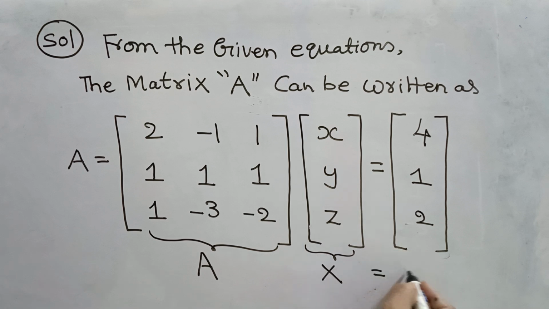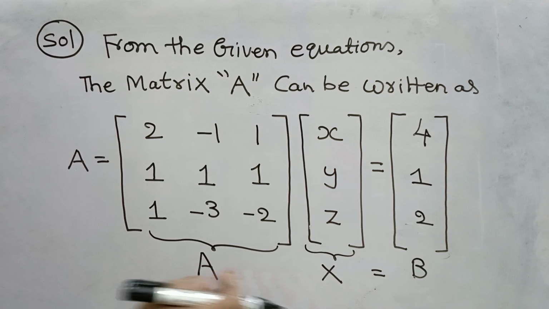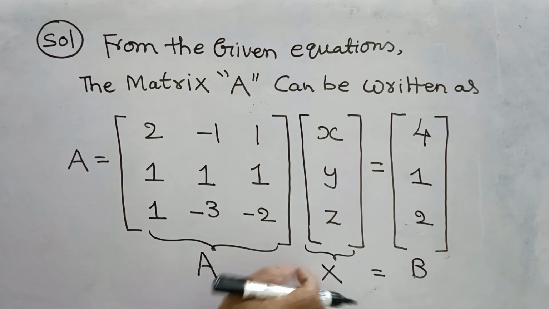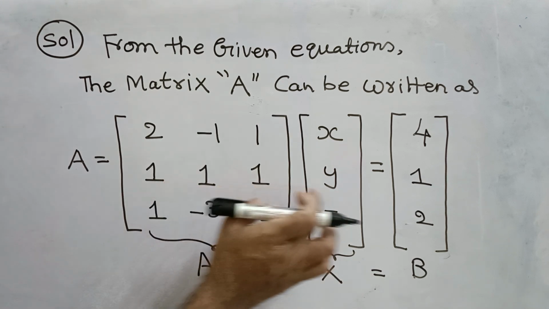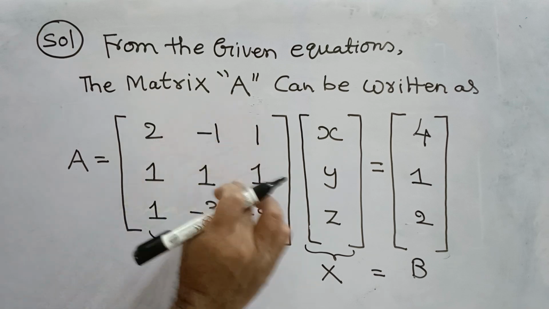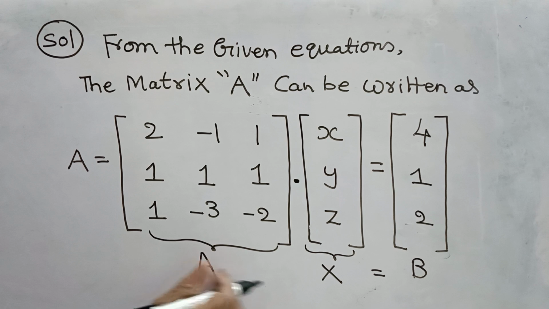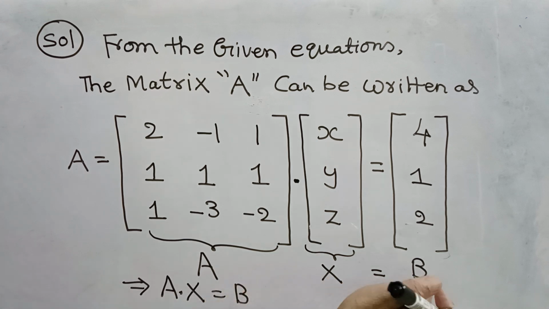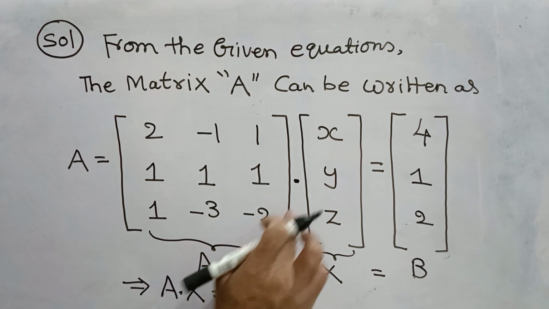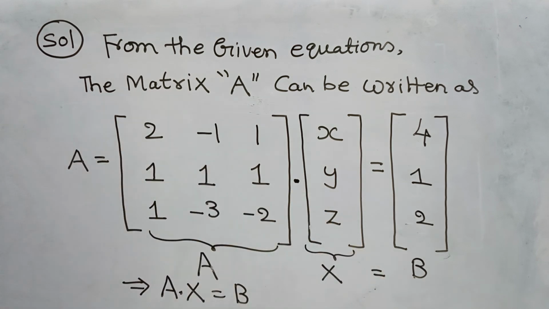This is equal to the constant matrix, which I am calling B. That is A multiplied by x. So A into x is equal to B. That is the relation from here. A into x is equal to B.